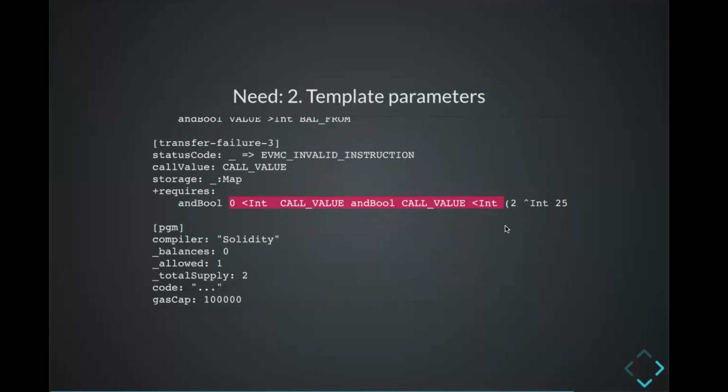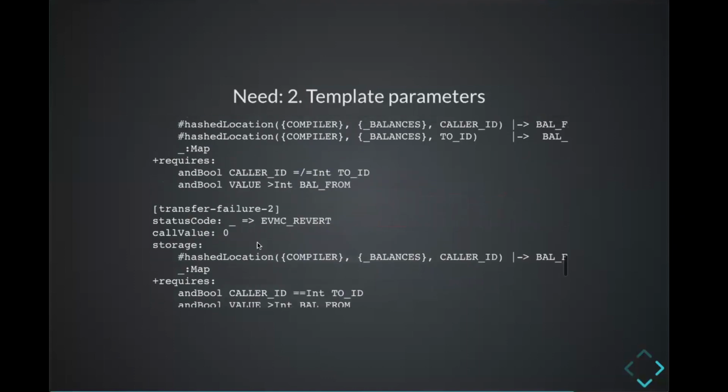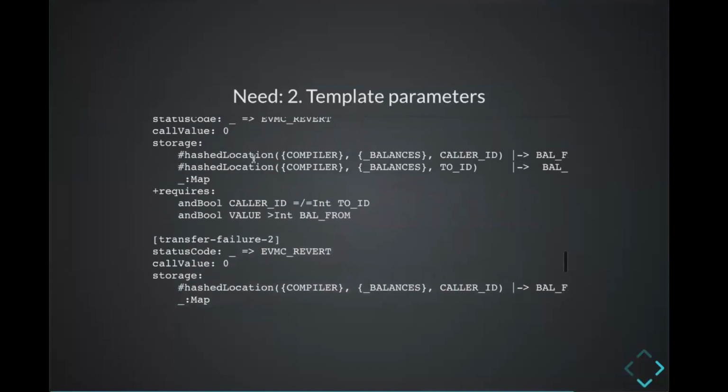And finally, we have the program generic variables or parameters. Here we're using Solidity as our compiler. The only reason this is important is to make our life easier for finding the storage locations for storage variables. That's the only time we use the compiler, as far as I remember.